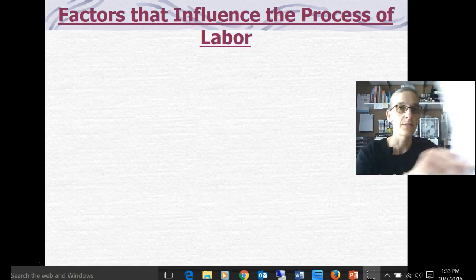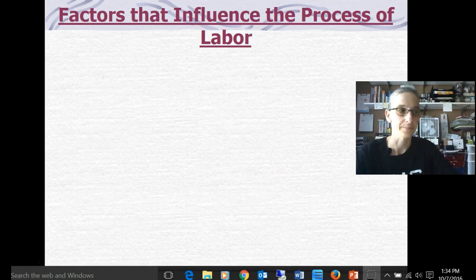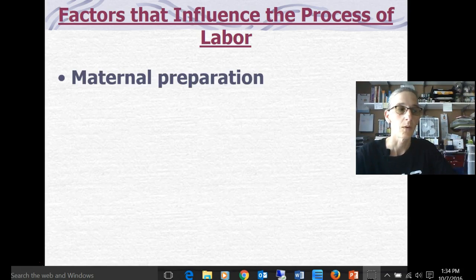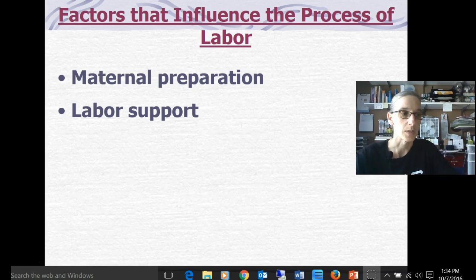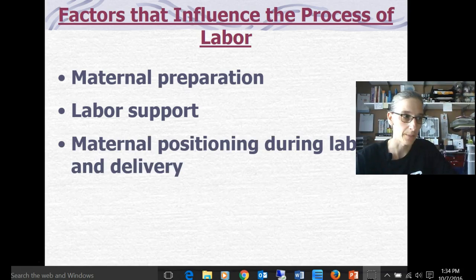All right, factors that influence the process of labor. We've got maternal preparation. Is the mom ready? Has she attended any classes? Does she know how to change a diaper? Has she ever been around kids before? Labor support. Does she have a support person? Does she have a significant other, a spouse, a family member that's going to be there to help her out? Maternal positioning during labor and delivery.